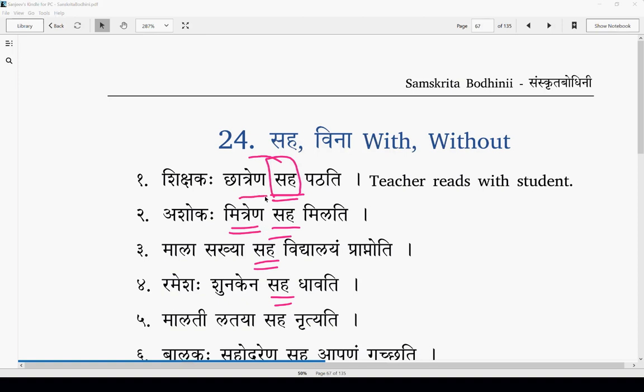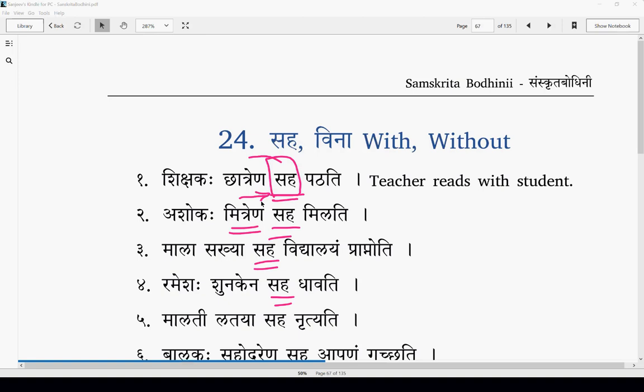That is just because it is associated with saha. It is not an instrument. That is why this is in the Tritiya Vibhakti. So this is a special case of using Tritiya Vibhakti, not in the sense of instrument.